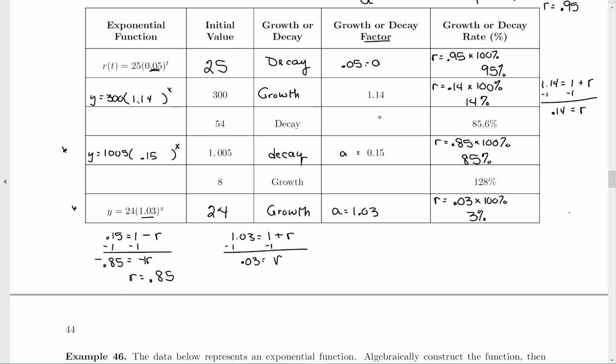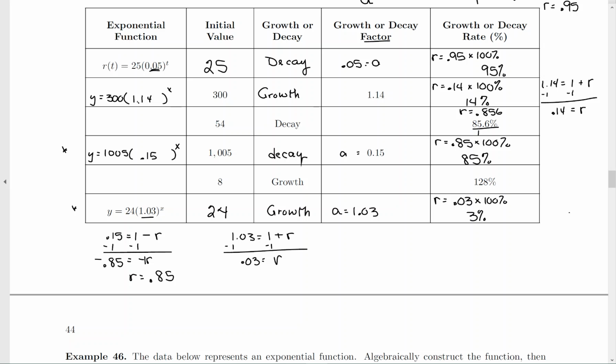The other ones don't give us the A, it gives us the R value, which is okay. We can still use our formula, but before we plug 85.6% in for R, it has to be a decimal. So again, to get rid of the percent, you would divide by 100. So if I divide by 100, the R is 0.856.